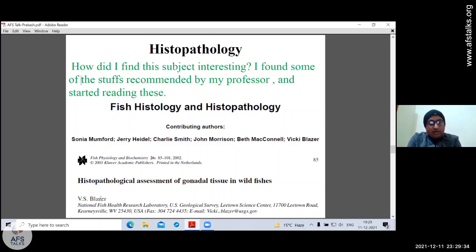And gradually I found this interesting. I went through the literature she developed and published, and it is very interesting to see. If some students are interested in working on histopathology as the main subject in their career, they can visit her profile on Google Scholar or ResearchGate, Vicky Blazer, and access her work on histopathology.